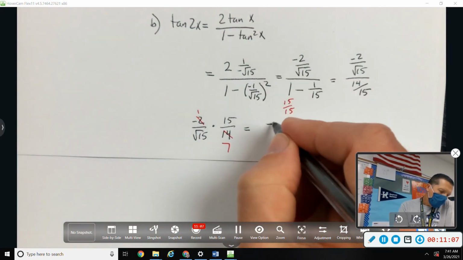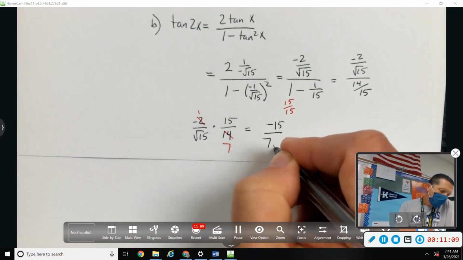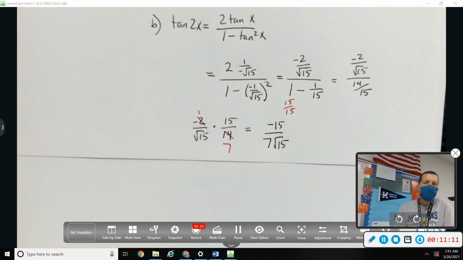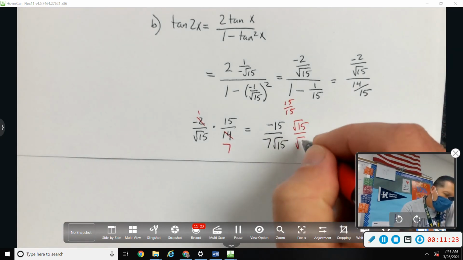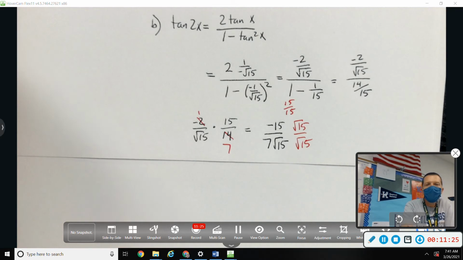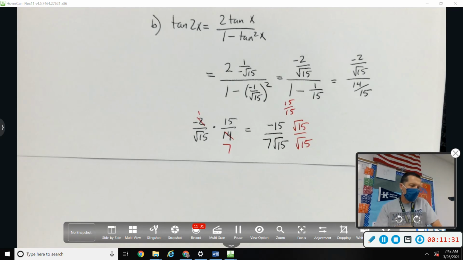So I've got negative 15 over 7 square root of 15. This is just like all the algebra fraction and square root rules you ever learned jammed into one problem. Multiply top and bottom by square root of 15. I don't have to worry about the conjugate though, because it isn't like 1 plus square root of 15. It's just square root of 15 that I'm worried about.